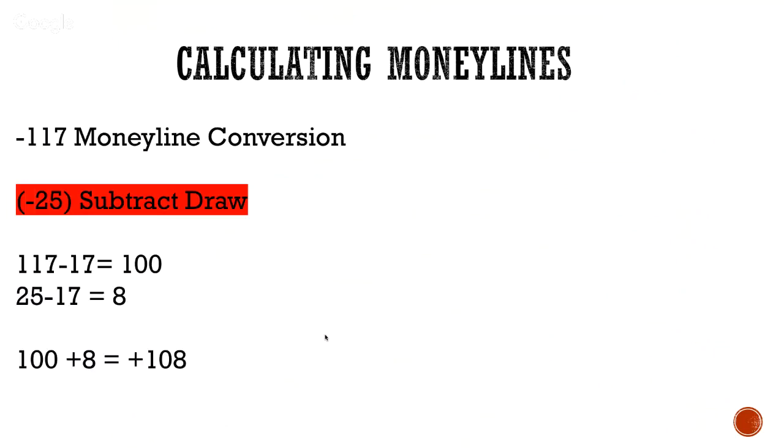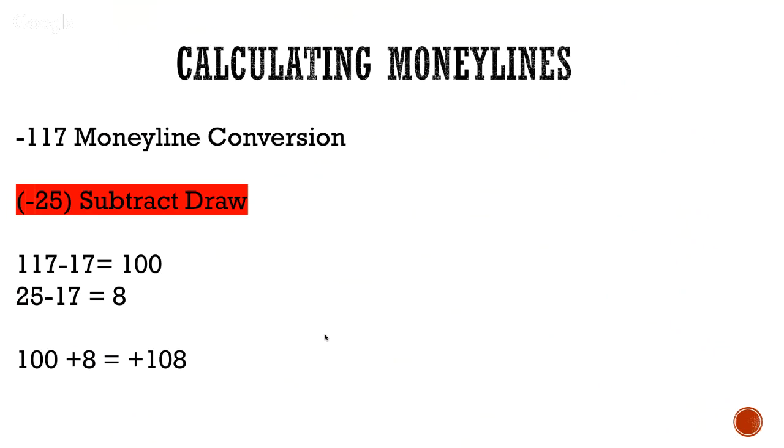Now, calculating money lines. I want to review this. I didn't cover this in detail yesterday. All right, so let's say we have a team whose power ranking converted into a minus 117 money line conversion. So we have to subtract 25 to get the actual number.